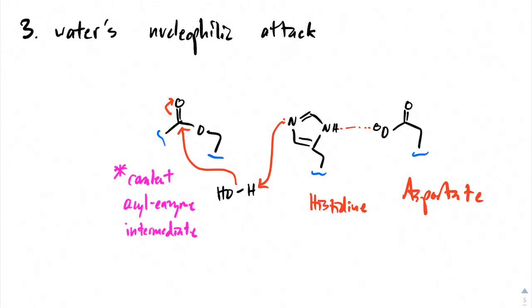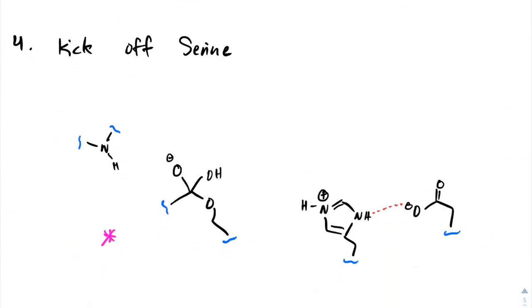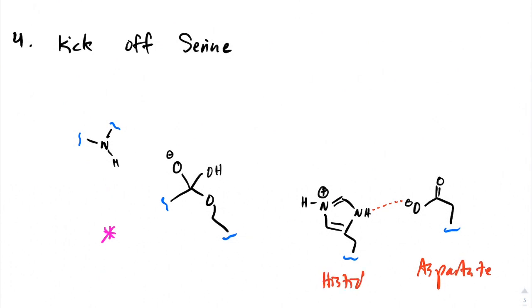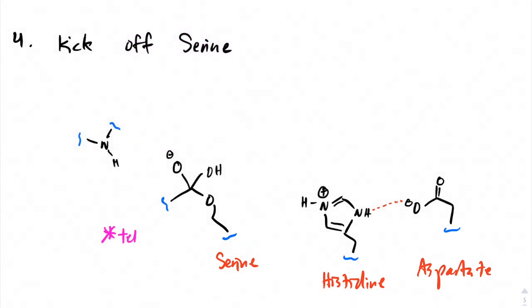giving it an overall negative charge. And now our last step is to reform our catalytic triad by kicking off the serine. So we have our aspartate here, histidine, and serine. And again, because of water's nucleophilic attack, we have a tetrahedral intermediate again.